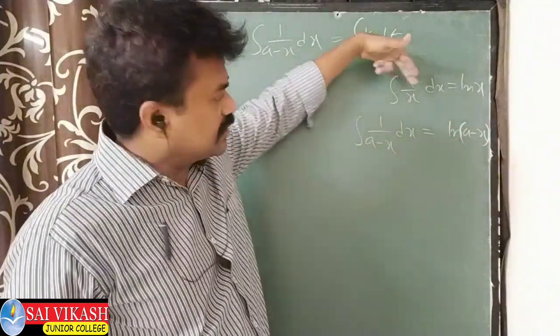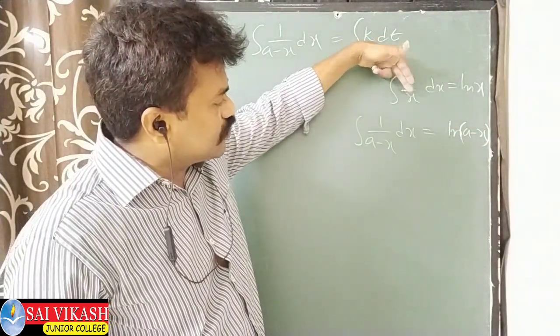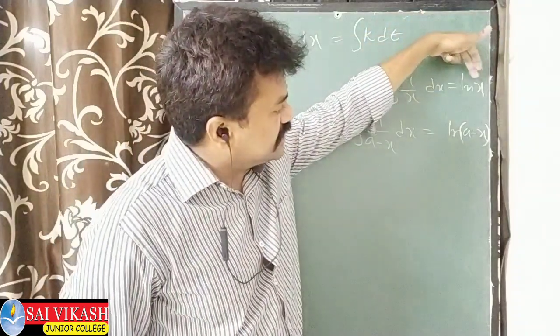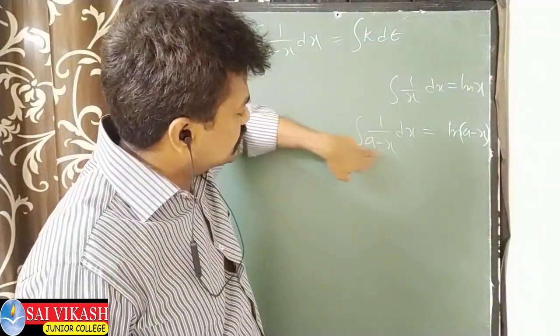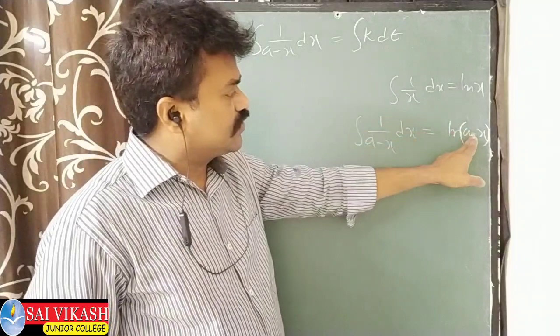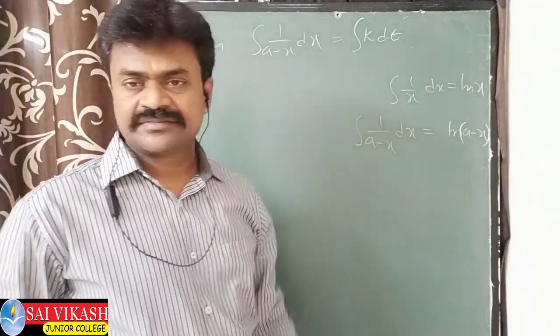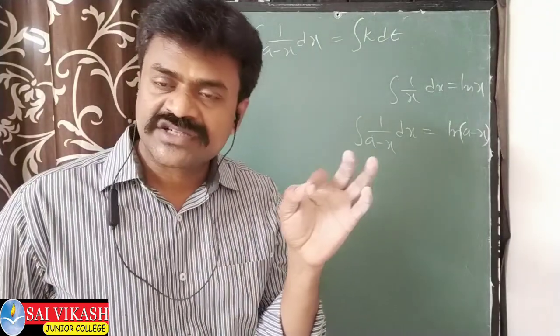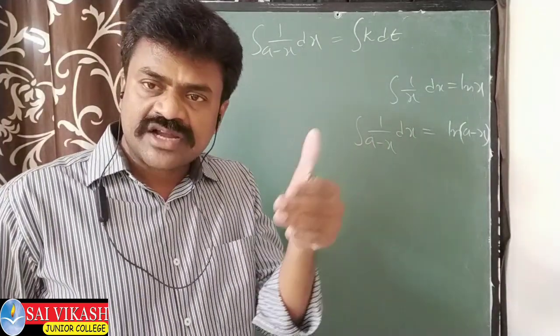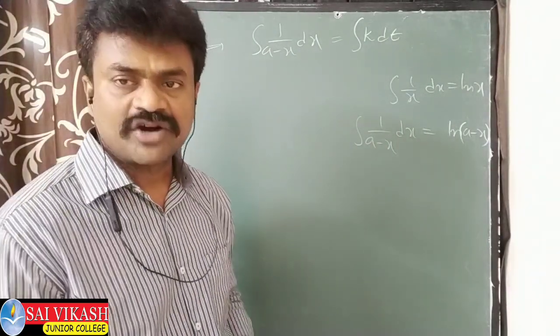Similar to this, in the place of x, whatever is there, ln of it will come. So in the place of x, a minus x is there, therefore ln (a minus x) will come. But whatever the coefficient of x is, the coefficient should be written before the ln in the formula.